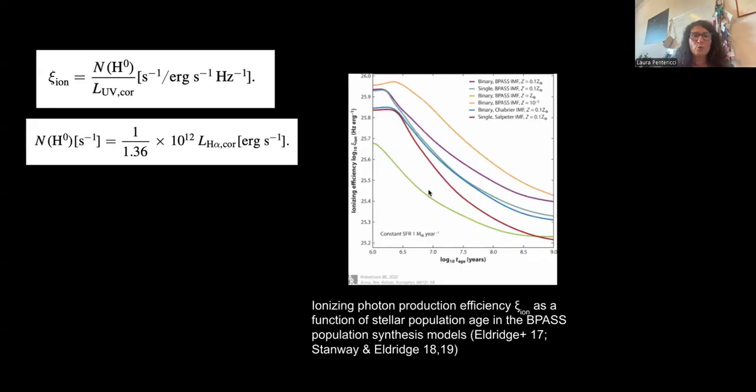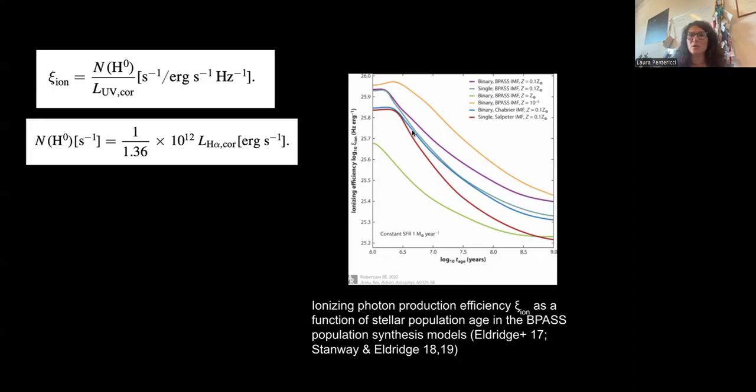For example, we know from models that the ionizing photon production efficiency, as a function of the age of a stellar population, if these are BPASS models, is higher for very young stellar populations, and it also depends, for example, on the metallicity. So these colored lines are from different metallicities.